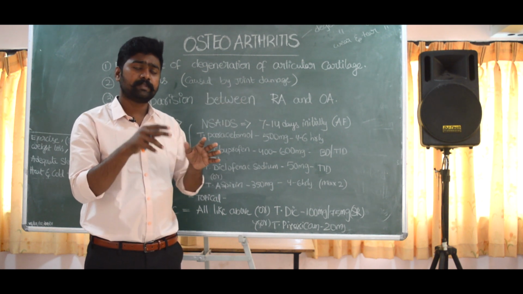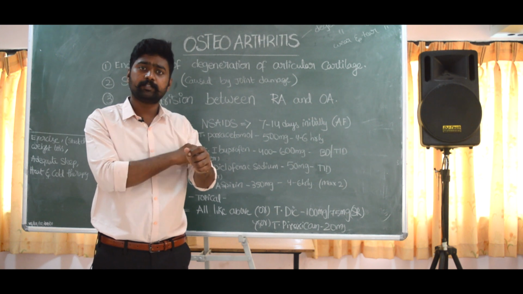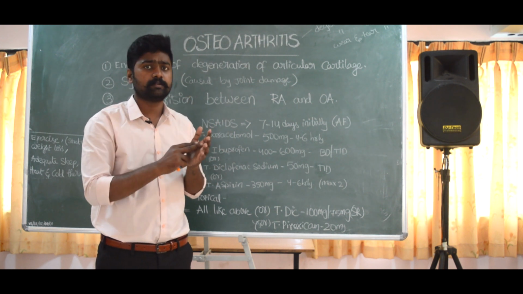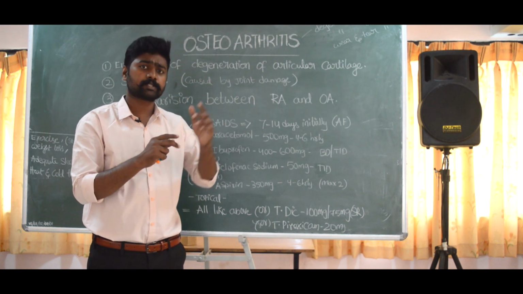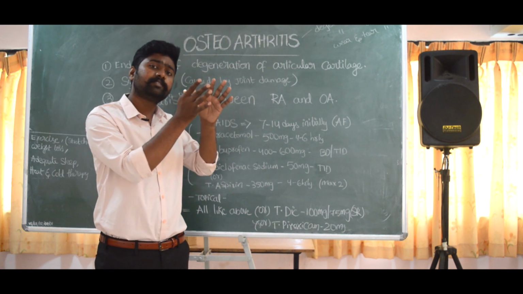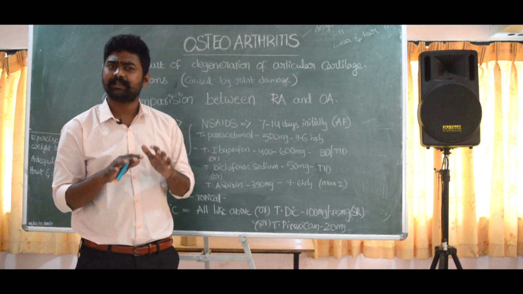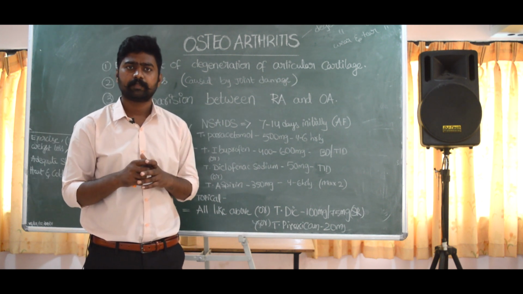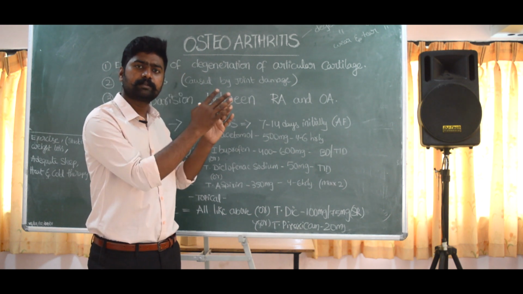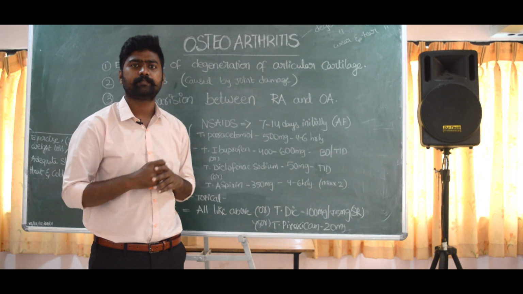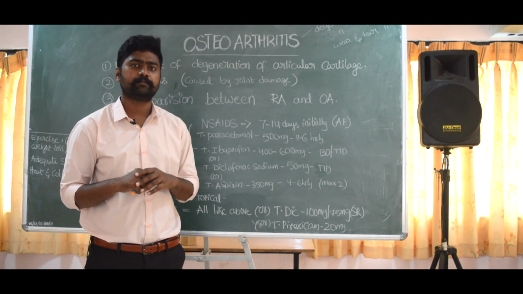Also, they break down the muscle protein, and that's how they may cause a muscular disorder. Extra-articular symptoms are possible in rheumatoid arthritis, whereas in osteoarthritis, extra-articular symptoms are not there. They are mainly restricted to bones and joints, the skeletal system only, majorly. Okay, that is the point you have to remember.